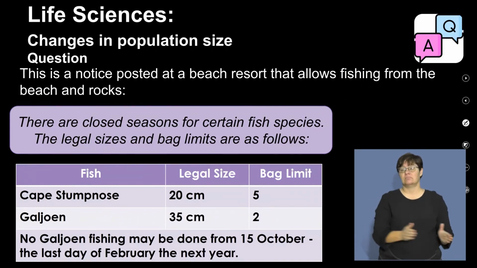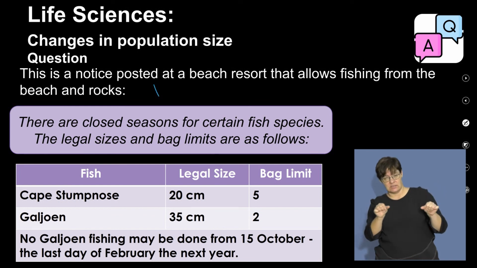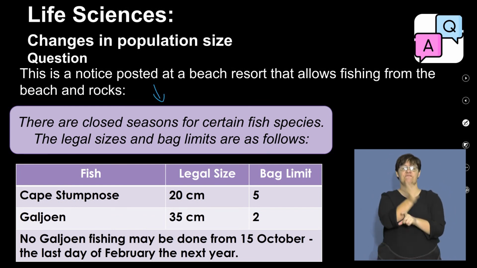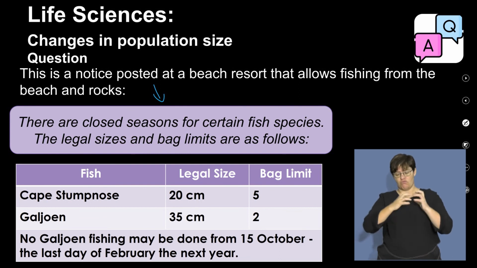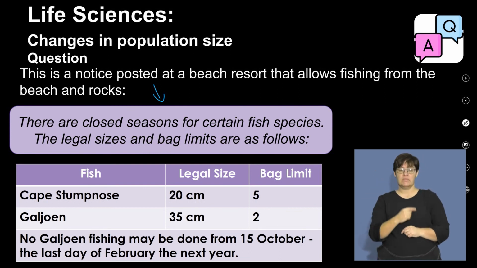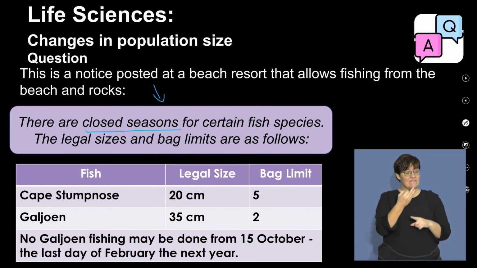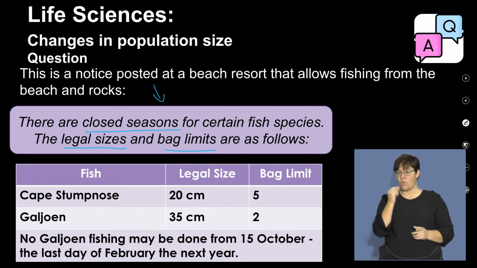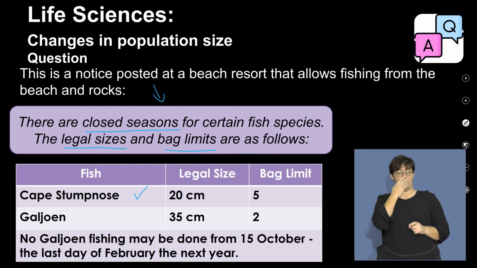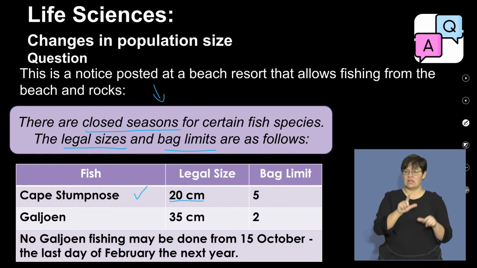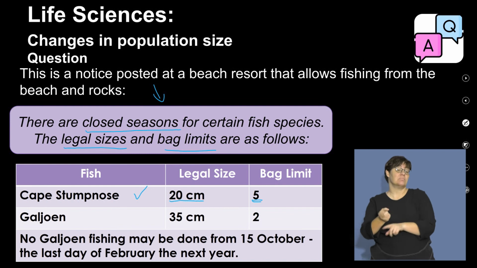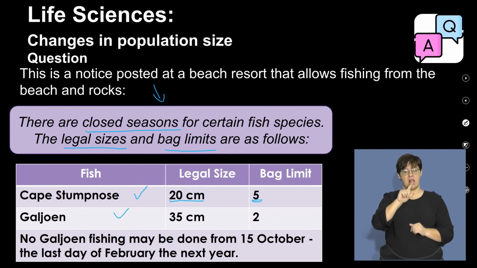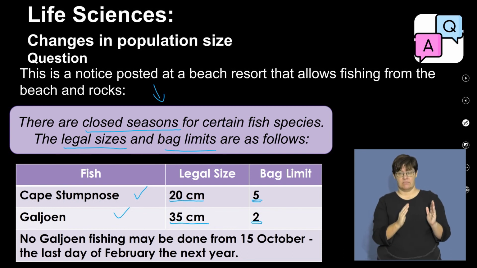Next question. This is a notice posted at a beach resort that allows fishing from the beach and the rocks. The notice says there are closed seasons for certain fish species. The legal size and bag limits are as follows. If you're going to catch a Cape stumpnose, the legal size is 20 centimeters and you're only allowed to catch 5. For the next species, 35 centimeters is the legal size and the bag limit is that you can only catch 2.